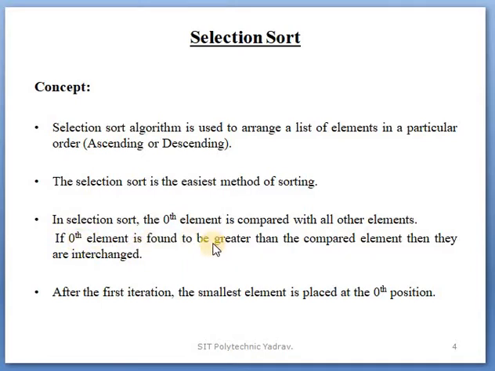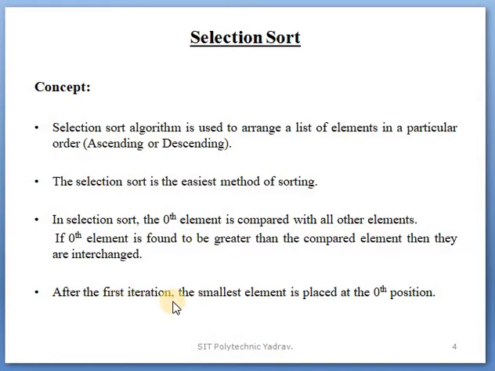After that the 0th element is compared with the second element, the third element, up to the end of the array. When the 0th element has been compared with all remaining elements, the first iteration is complete.